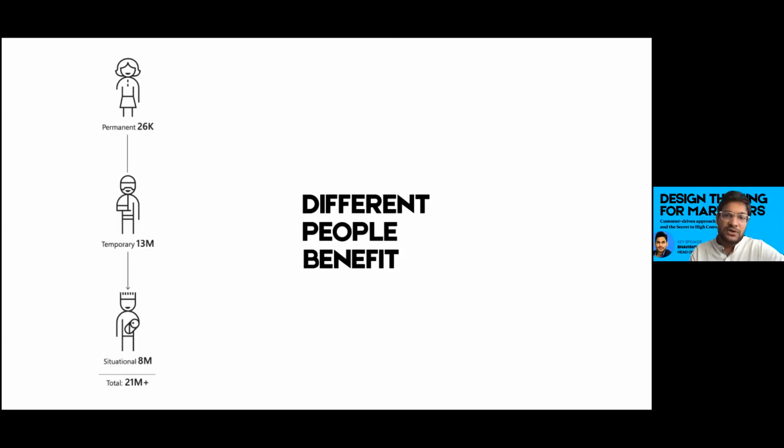Let's take a look at another example. Different people at the same time could benefit. For example, someone who unfortunately does not have a hand. Let's say 26,000 of them are there in the world. Let's say there are 13 million people who have got a fracture in one hand. They are also, for your app or your product, essentially the same, because they both will be using your app with one hand.